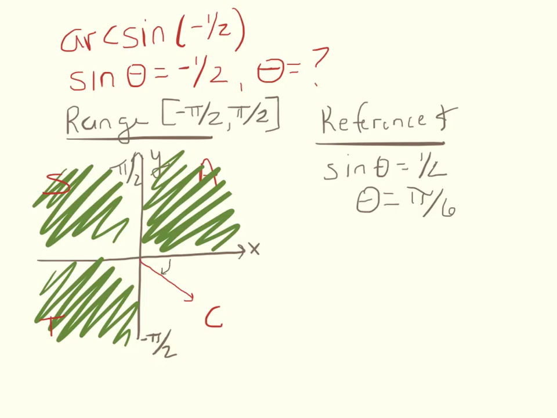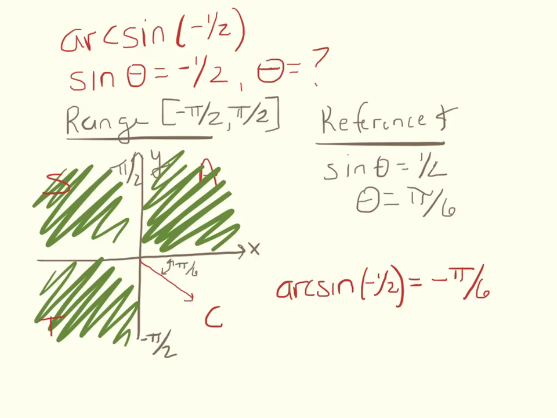Our reference angle has to measure pi over 6, but we need that angle to be in the fourth quadrant and between negative pi over 2 and pi over 2. So that angle would be negative pi over 6. Okay, because negative pi over 6 is in the fourth quadrant and has a reference angle of positive pi over 6.